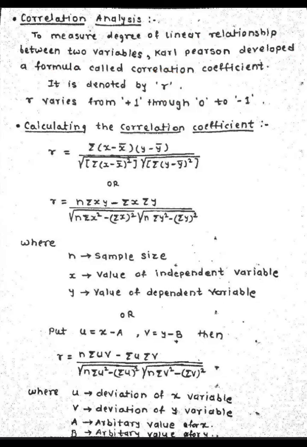If the r value is plus 1, then there is a positive correlation. If the r value is minus 1, then there is a negative correlation. And if the r value is 0, then there is no relationship between them.